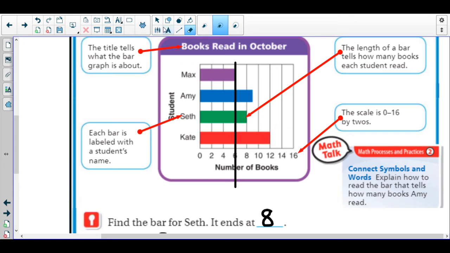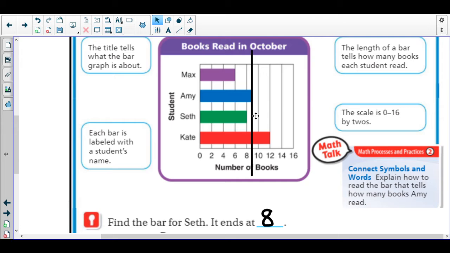Let's first take a look at the books that she read. So here's Amy right here, and it's in between the 8 and the 10. Because this is an even scale, what we do know is that Amy read 9 books. There's one more than 8, one less than 10. That's going to give us 9.